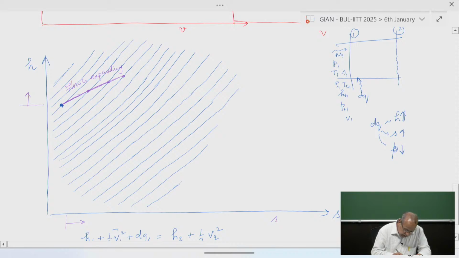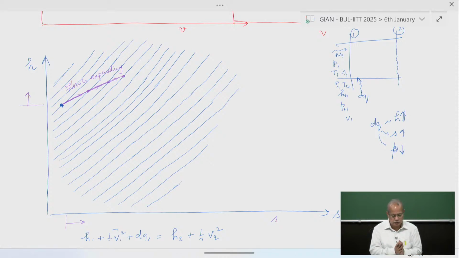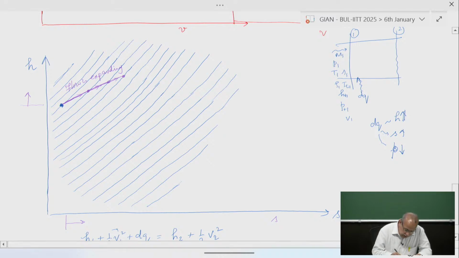So in this direction, the addition of heat will cause the flow to accelerate. The flow is going through a decrease in pressure, the flow is accelerating here, and this continues until it reaches a maximum.